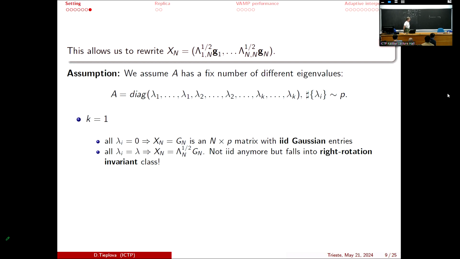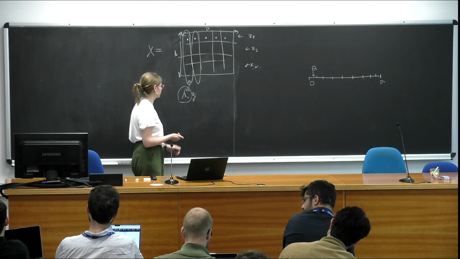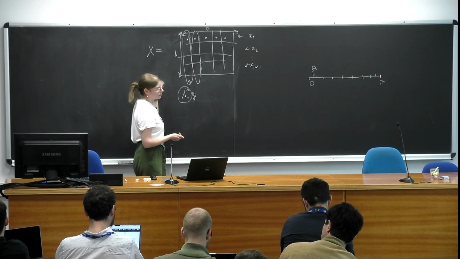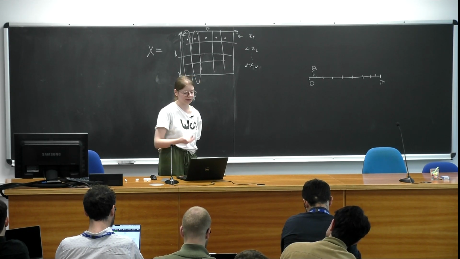Then we have two possibilities, lambda 0 or lambda not 0. When lambda is 0, all these covariances are just identity, and so our design matrix will be just i.i.d. Gaussian. And as I said, it falls in the case that was studied before.